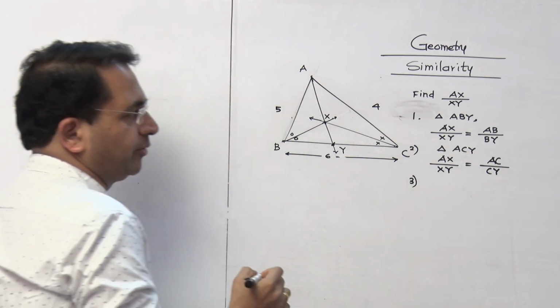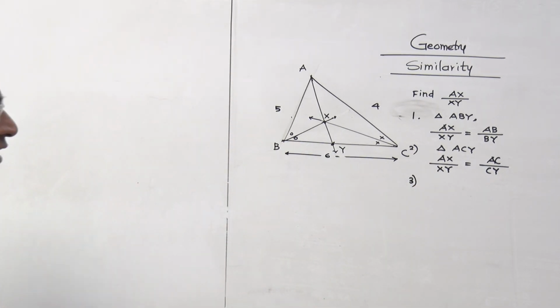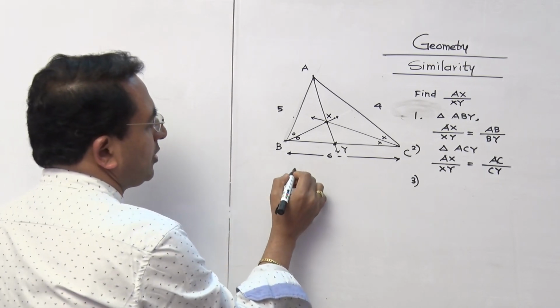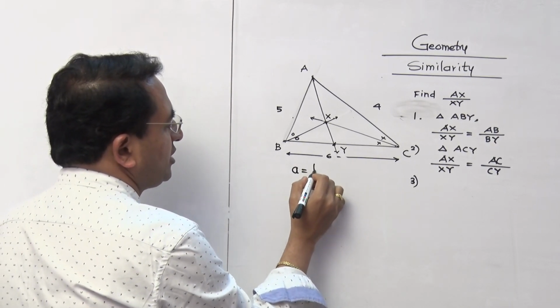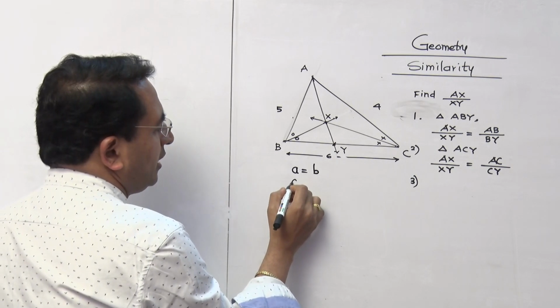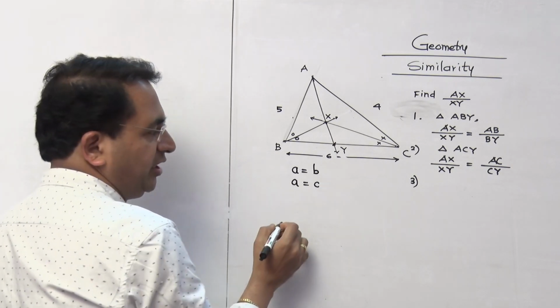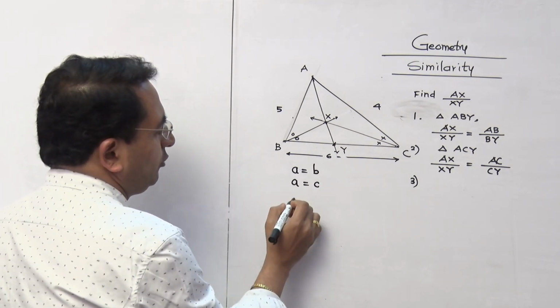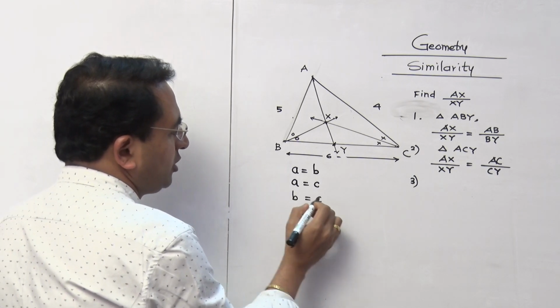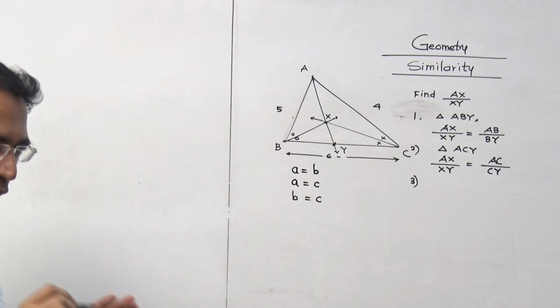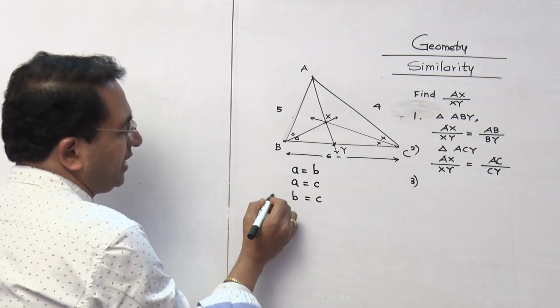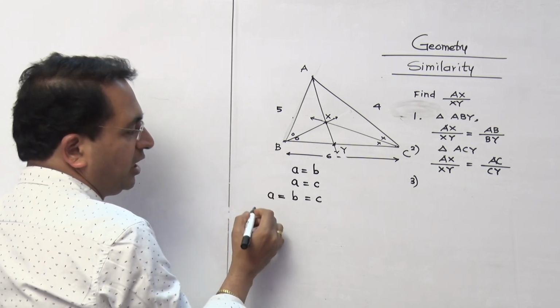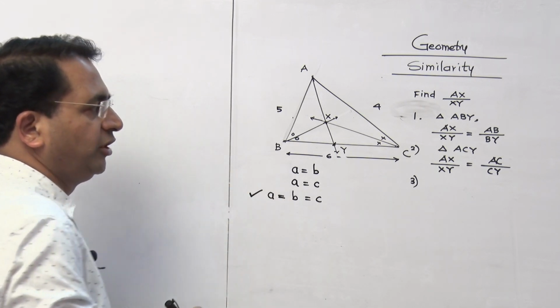Now my third statement. Actually in algebra, suppose I write A is equal to B and again I write A is equal to C. So I can write one more statement as B is equal to C. Or I can write A is equal to B is equal to C. I am going to adopt this procedure here.